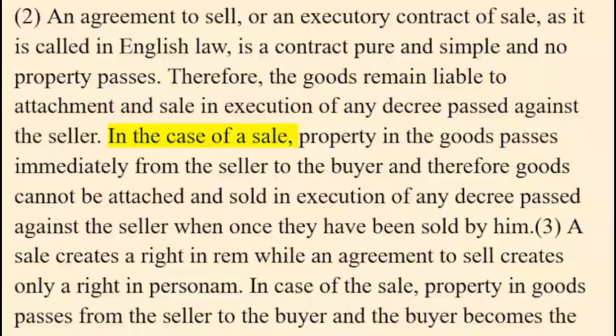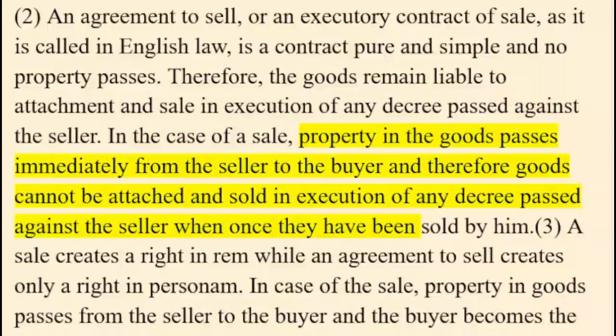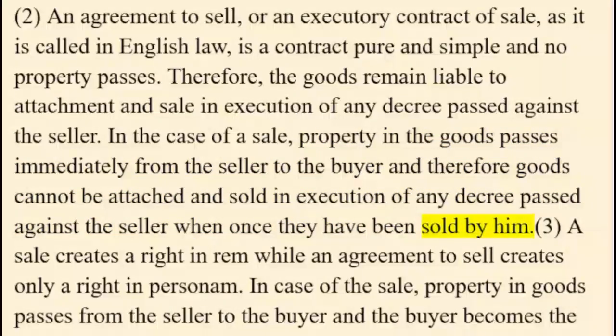In the case of a sale, property in the goods passes immediately from the seller to the buyer and therefore goods cannot be attached and sold in execution of any decree passed against the seller when once they have been sold by him.